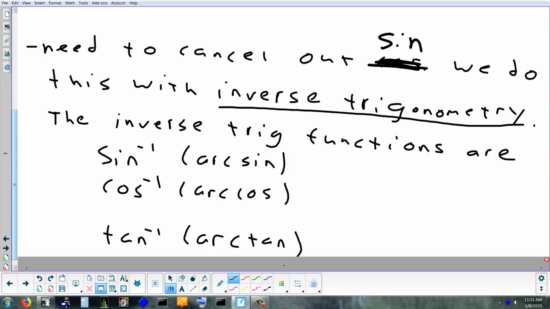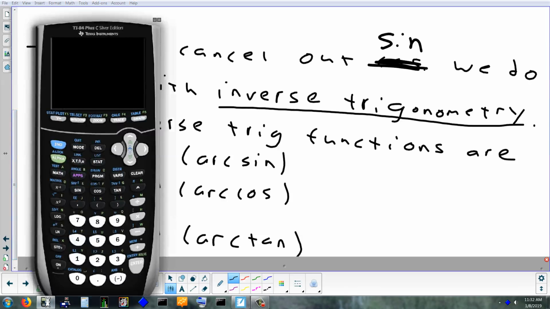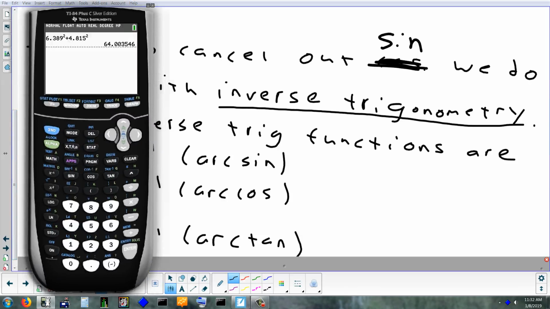So, sine and inverse sine basically cancel each other out. I'll show you an example with numbers, and then we'll do our problem. Let's take the inverse sine of the sine of 15. If inverse sine and regular sine cancel each other out, when I hit enter, what do you think the only thing left is going to be?